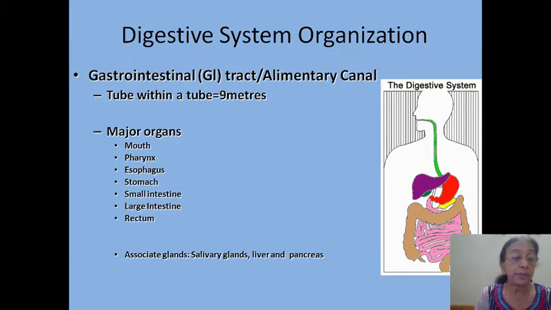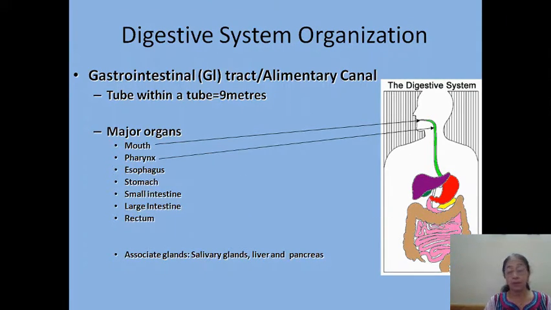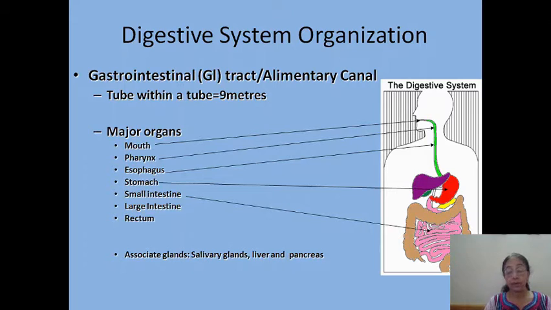This takes place with the help of different enzymes present in the digestive tract. Now, the digestive system. The various organs of the digestive system in sequence are: number 1, mouth, shown with the arrow; number 2, pharynx; number 3, esophagus; number 4, stomach; number 5, small intestine; number 6, large intestine; and number 7, the rectum.